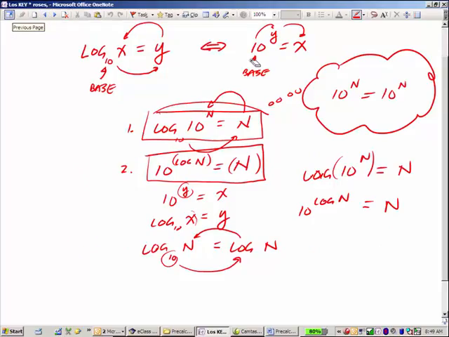So here's today's lesson. The natural log of x equals y is exactly the same as e raised to the y equals x. One is a way of saying it in logarithmic form, and one is a way of saying it in exponential form.